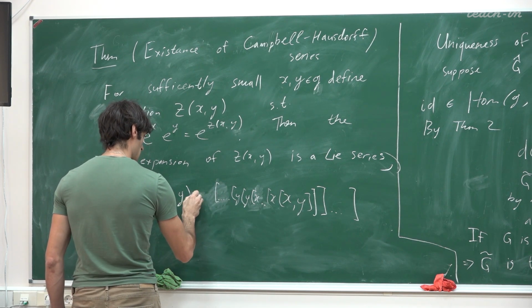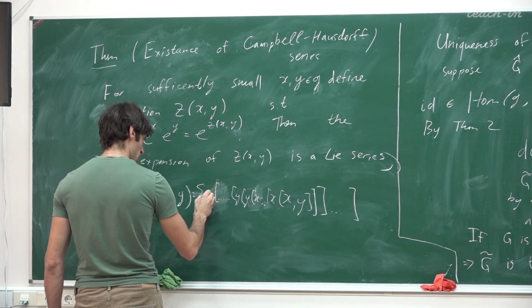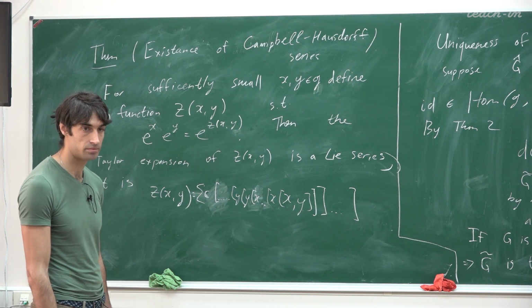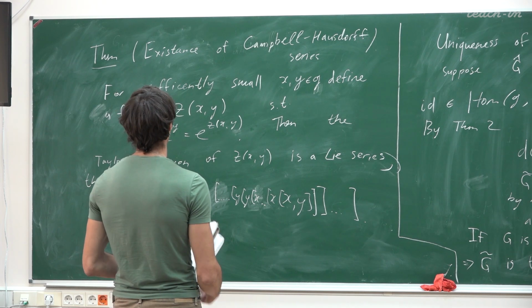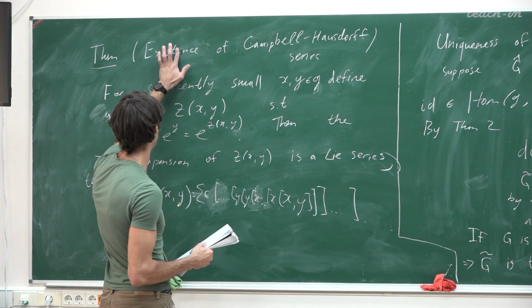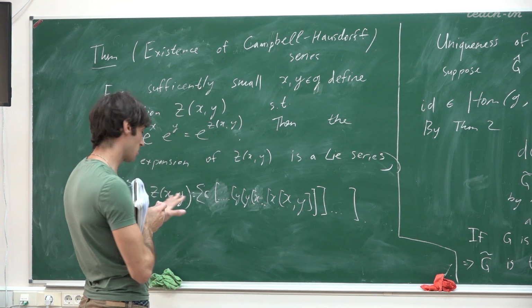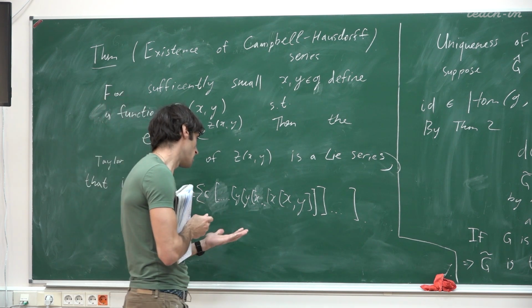And this is a sum of such things, maybe with some coefficients. Okay? And what is the summation over? x and y are fixed.